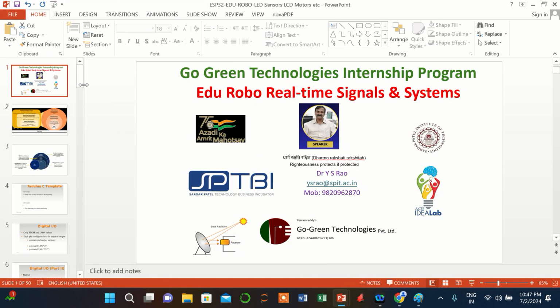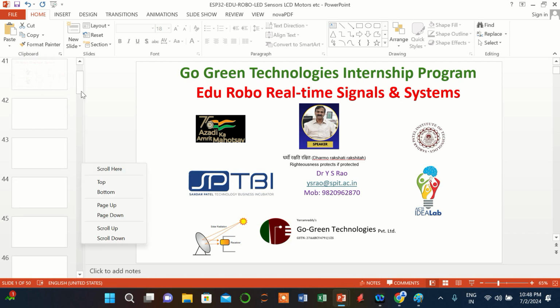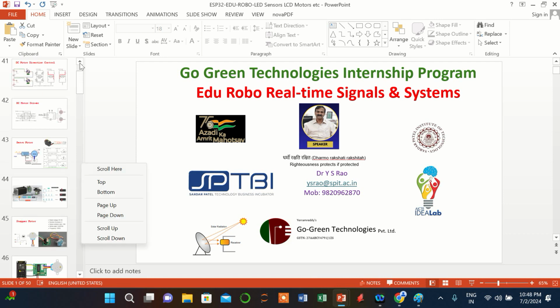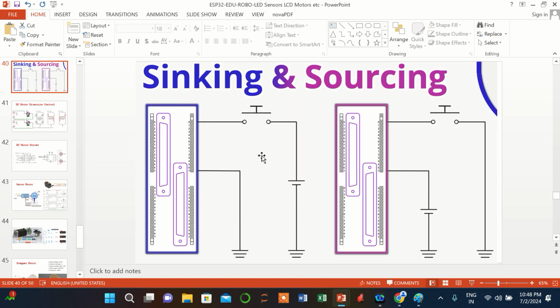All right. So in today's session, specifically we are talking about the input configuration. There are two possibilities of connecting the input device.